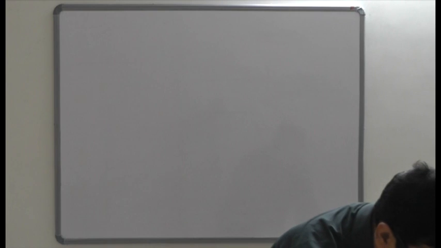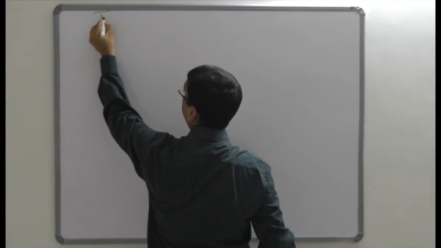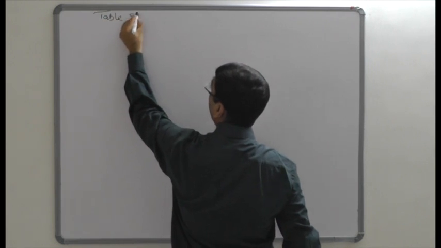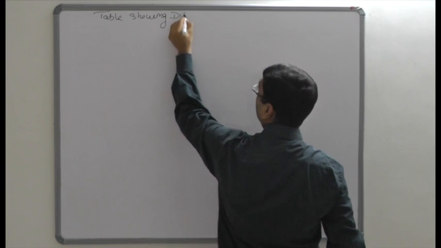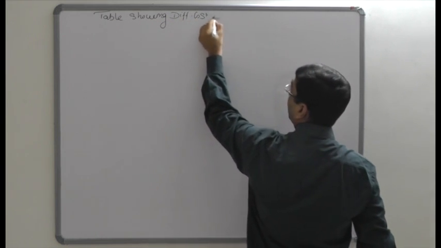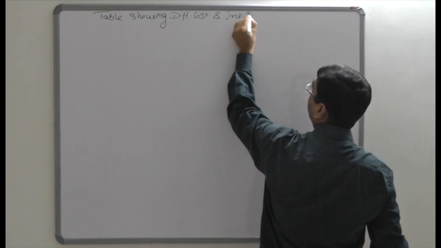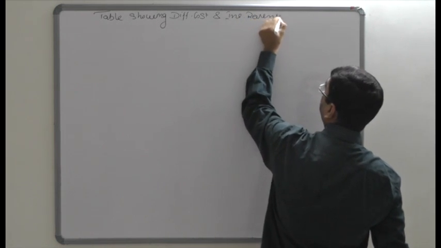Before that we'll just have an idea of the table showing differential cost and incremental revenue.